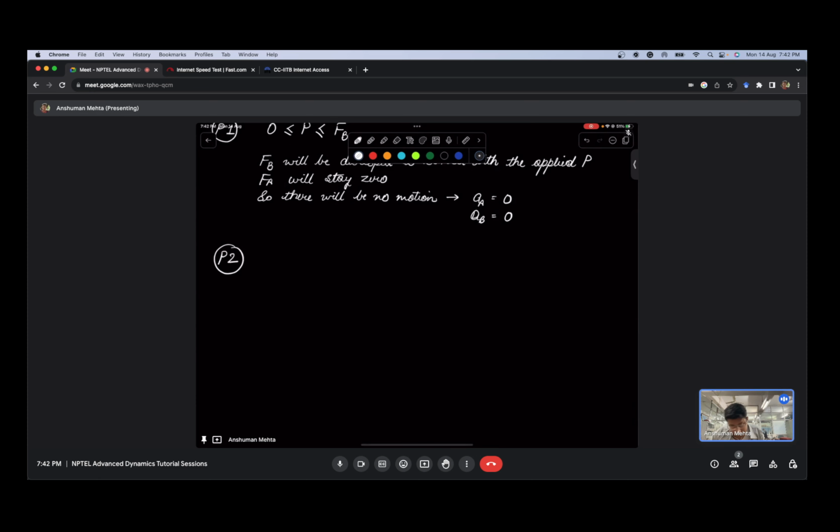Moving to condition P2. Now let's assume both A as well as B go together.